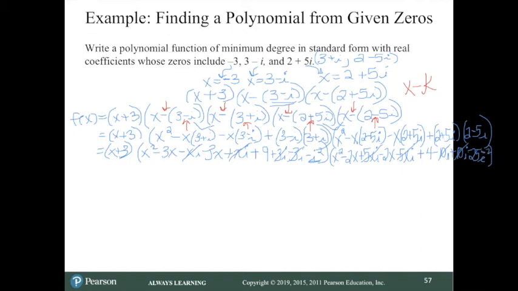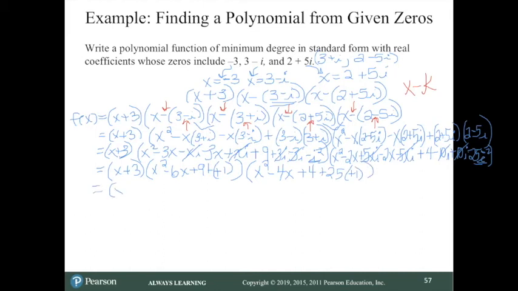Okay, so simplifying again in our next step, we're going to cancel out those terms that we crossed out and also substitute our i squareds. So that's x plus 3 times x squared, 3x and 3x is -6x, plus 9 minus a negative 1, that's going to become a plus 1, times x squared, minus 2x and a minus 2x is minus 4x, plus 4 minus 25 times negative 1 is going to become a plus 25.